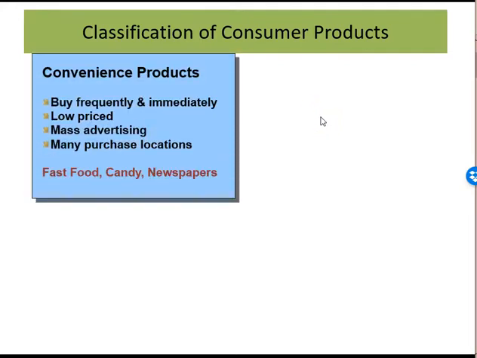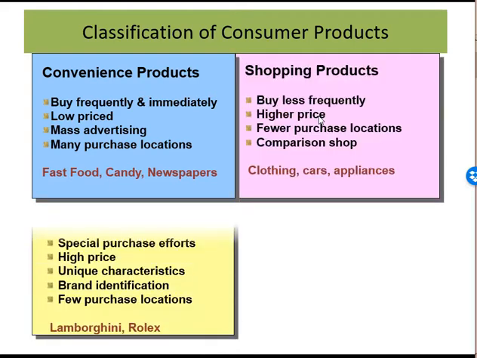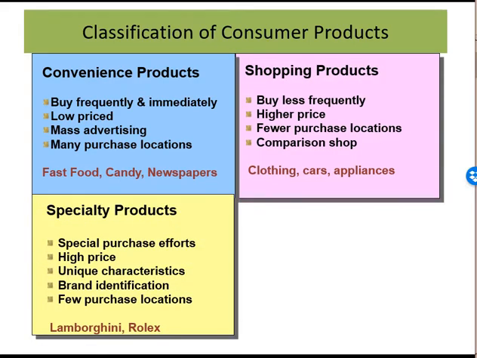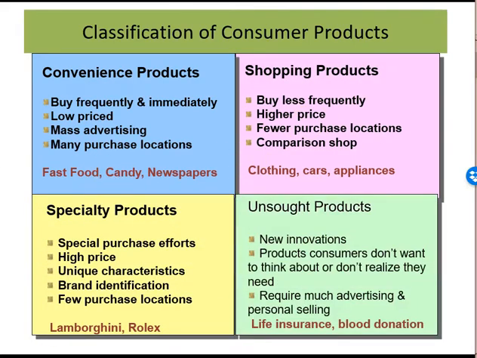When we classify consumer products, we usually do so in 4 categories. Those are convenience products, shopping products, specialty products, and unsought products. When we talk about convenience products, these are bought frequently and immediately, like fast food, candies, and newspapers, and therefore people don't spend a lot of time thinking about them.